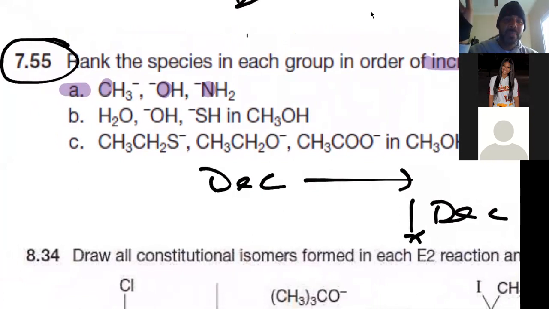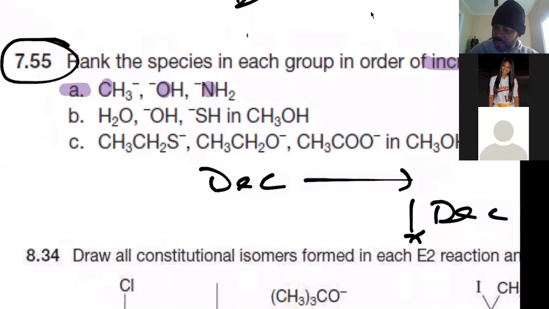So the worst is going to be either oxygen or nitrogen. We're going across the periodic table, so it's carbon, nitrogen, oxygen, and then the halogens. Carbon is going to be last because it's the most nucleophilic, in order of increasing.